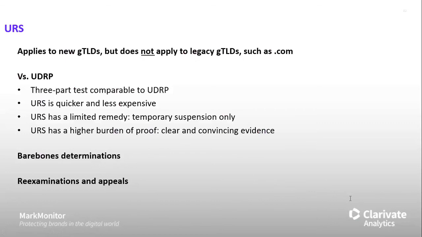Also, unlike the UDRP, URS decisions, which are actually referred to as determinations, are typically not full of a lot of discussion and legal analysis, and are what I typically refer to as bare bones determinations, which doesn't make them any less binding, but it simply means that they're less useful as precedent for trademark owners or domain name registrants in the future, because there's typically not a lot of information contained in a URS determination.